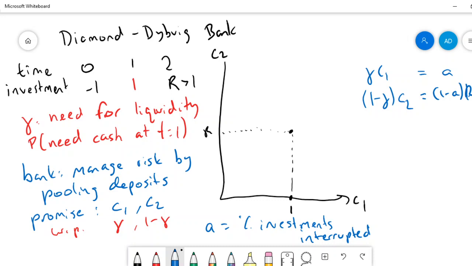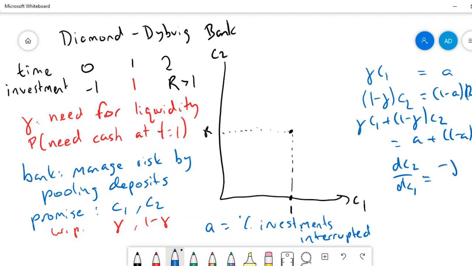So let's add these things together. If we add them together, I get gamma C1 plus 1 minus gamma C2 is equal to A plus (1 minus A)R. And if I do my little differentiation here, I get dC2/dC1 equals minus gamma over 1 minus gamma. So the bank's budget constraint looks something like this, right?